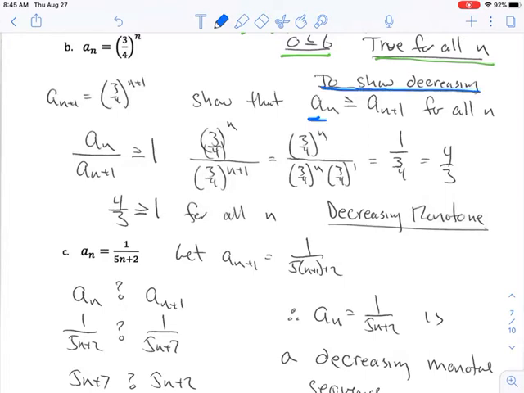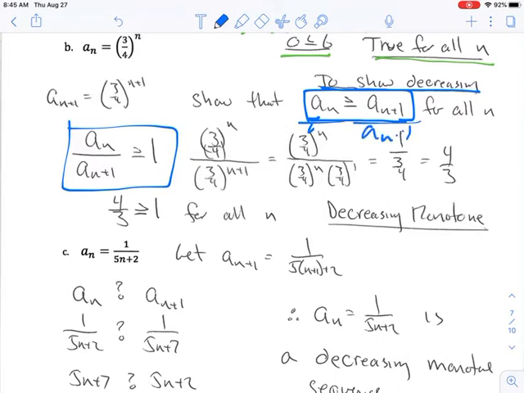That means every successive term has to be less than or equal to the previous term for all n. And so what I did here was I simply divided both sides of this equation by a sub n plus 1 to get this.